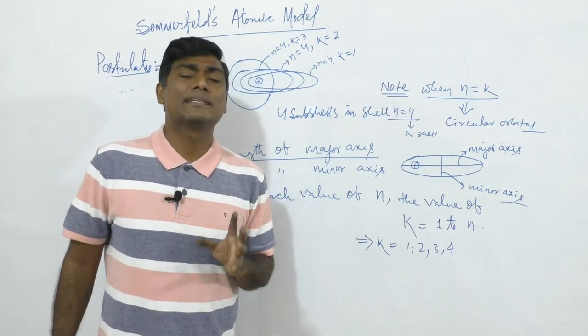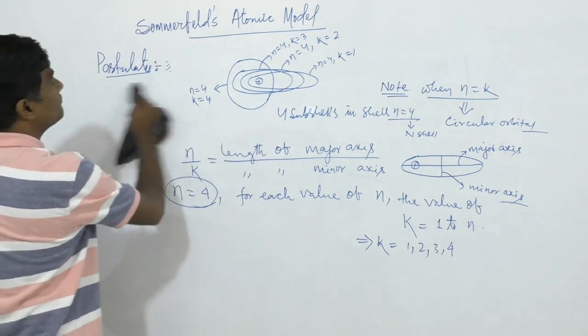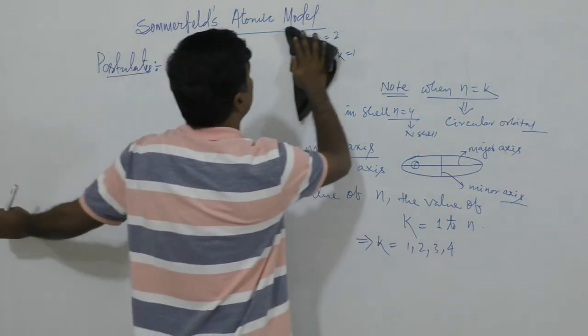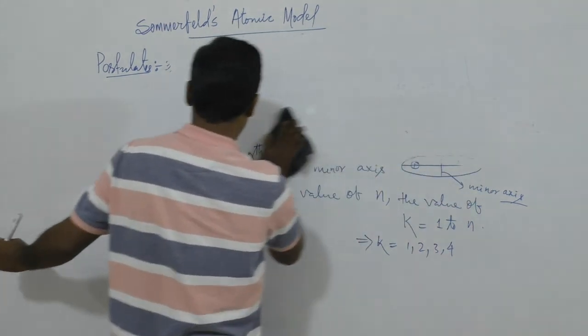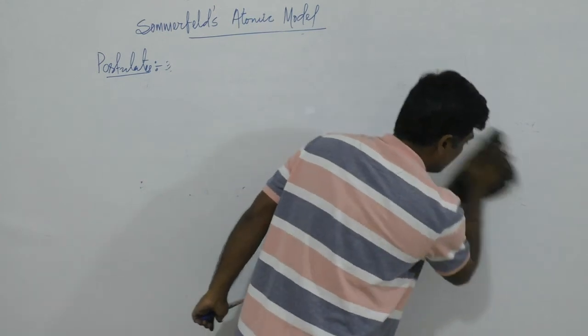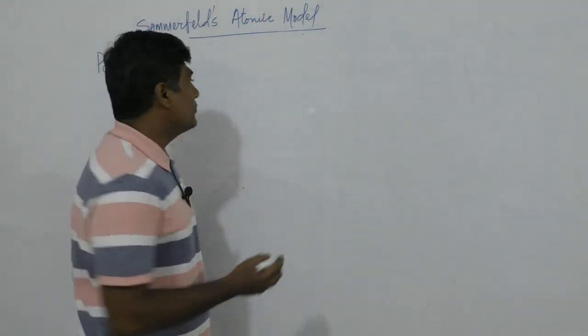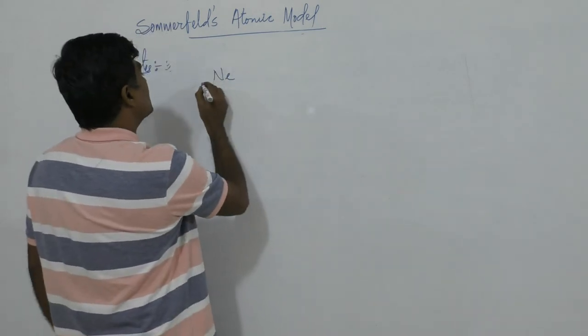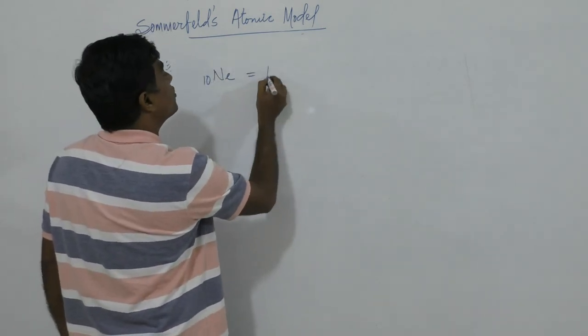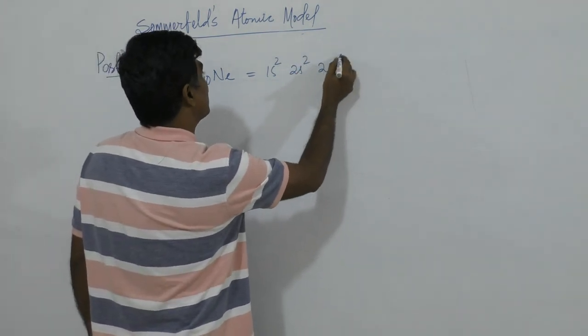For example, we will take the example of neon. Its atomic number is 10. Its electronic configuration, as you know, is 1s2, 2s2, 2p6.